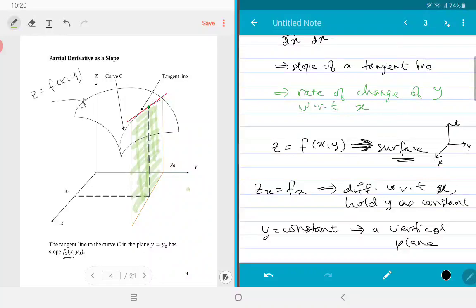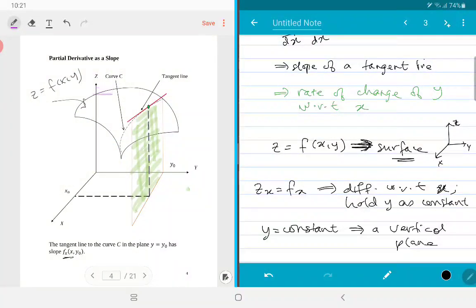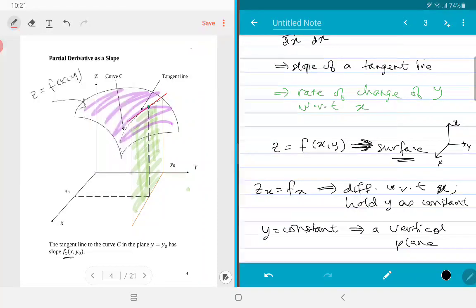When you intersect the plane y equals y naught with the surface z equals f of x, y, you end up with an intersection curve. The intersection curve in this case is represented by this curve.